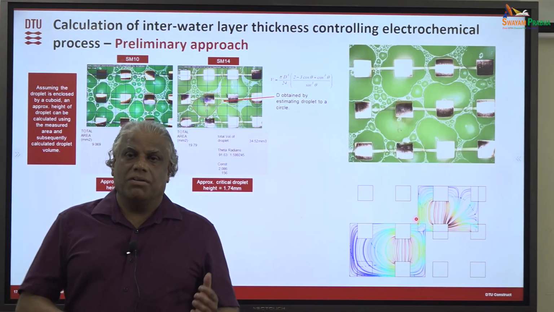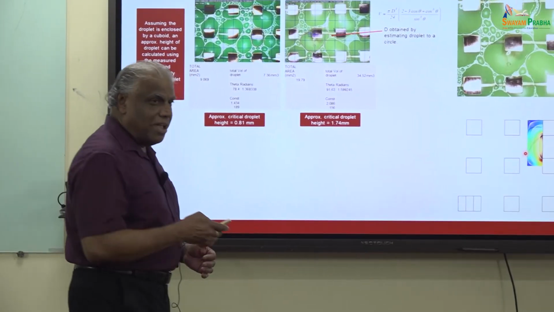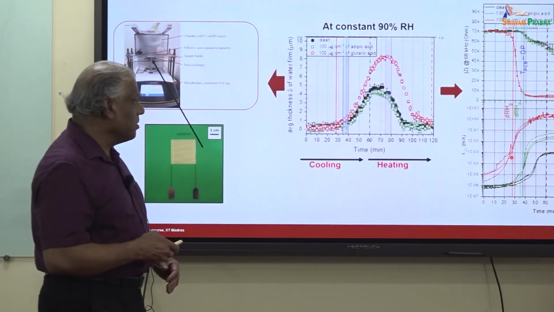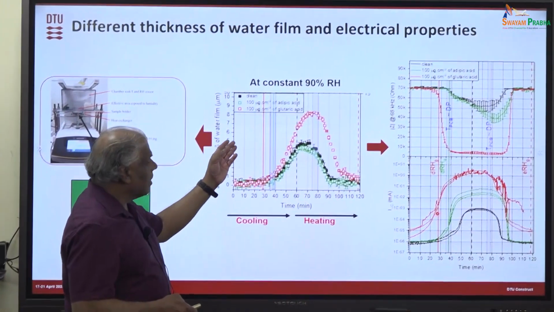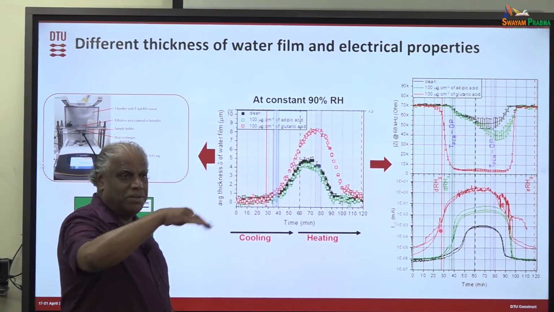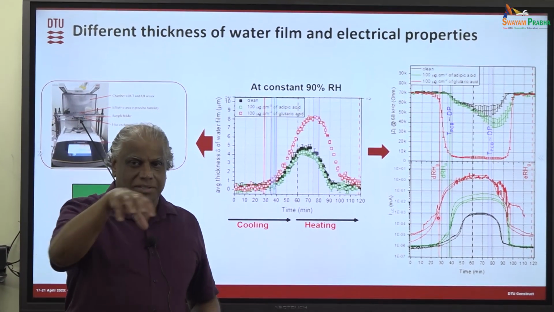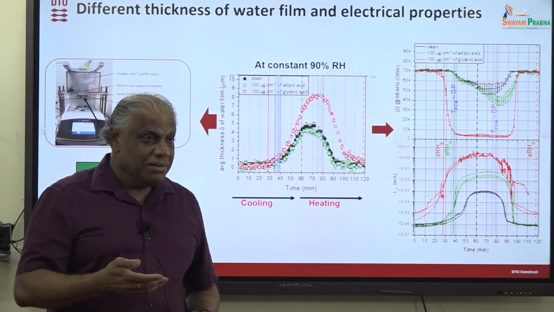But that alone will not serve the purpose, because there is a little more complication: here we are assuming that the water film thickness is uniform. But the water film is actually like this, with droplets. Is there an implication? Yes.